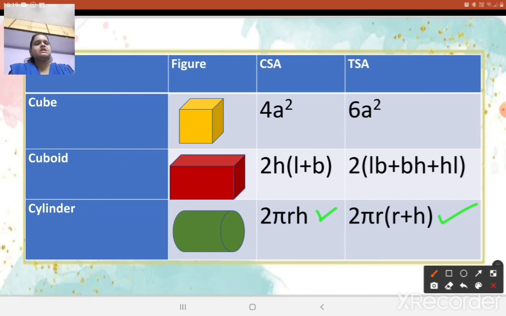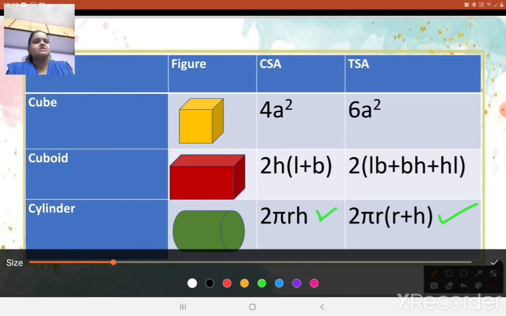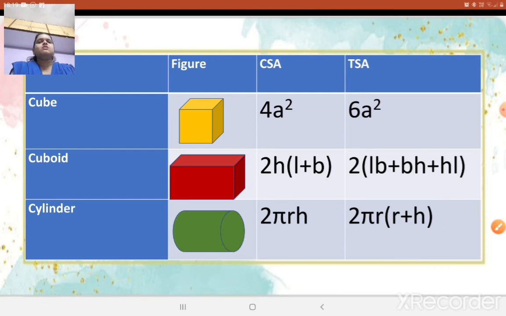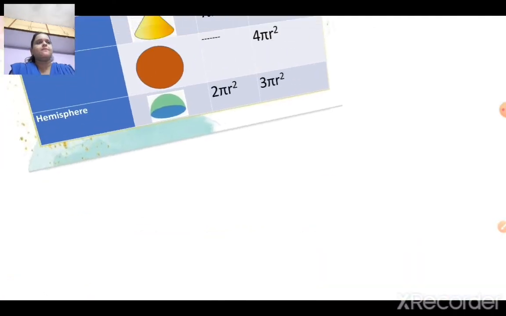Now again in this case, what is R and what is H? So here the R will become as a radius of a cylinder. So here as this is a circle, this one will become as R and the H will become as height. Correct? So here this is a radius and height. By using that we can find the curved surface area and total surface area.